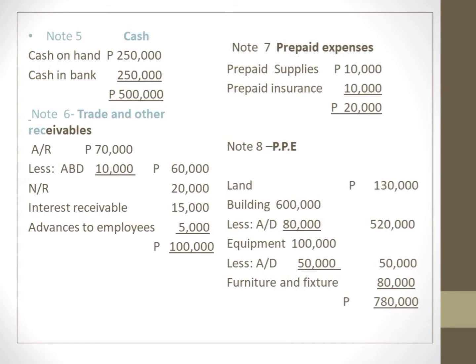For prepaid expenses, there are two accounts, prepaid supplies and prepaid insurance. Please also observe under property, plant, and equipment, we have land, building less the accumulated depreciation, same also in equipment. And then for furniture and fixtures, we have a total of 780,000 pesos. So this is how to prepare notes.